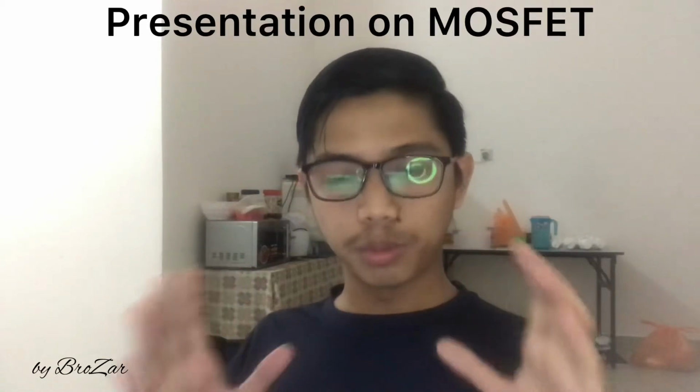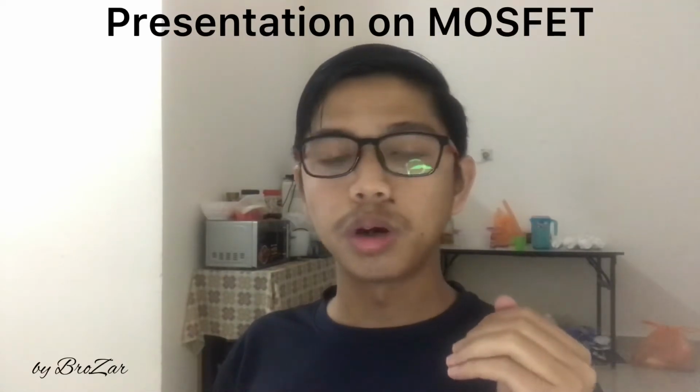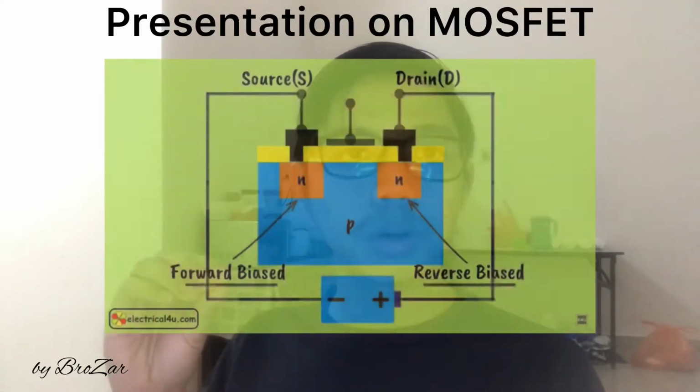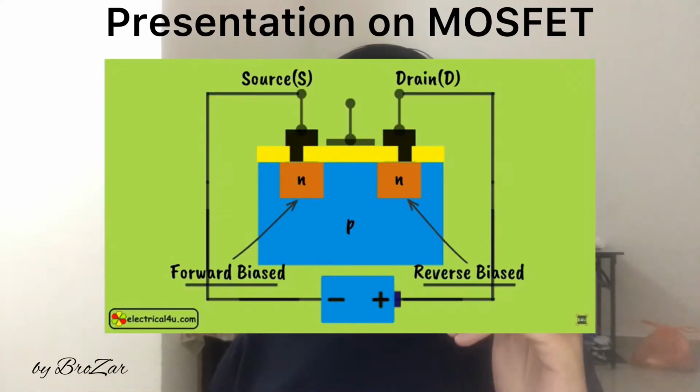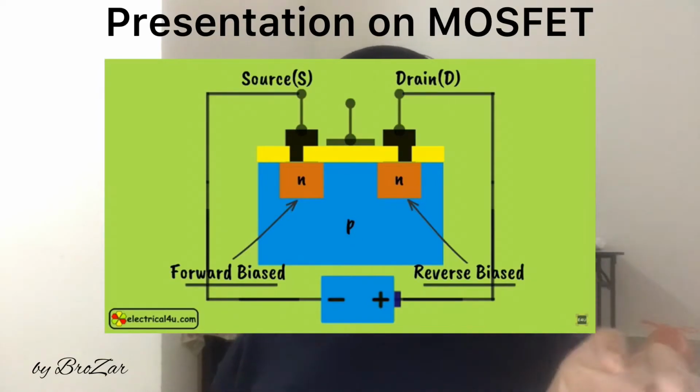There is nothing happening, and because of what? Because when the drain is connected with the positive terminal, reverse bias will occur, and when the source is connected to the negative terminal, forward bias occurs.